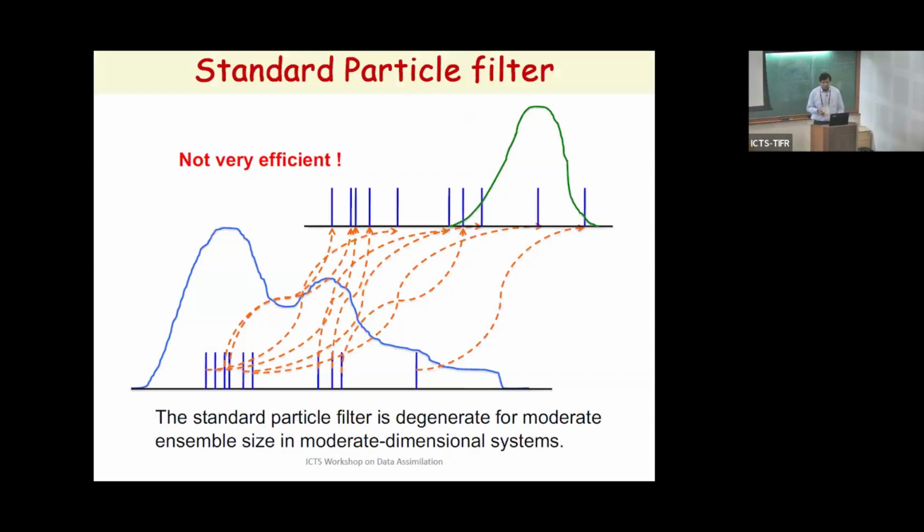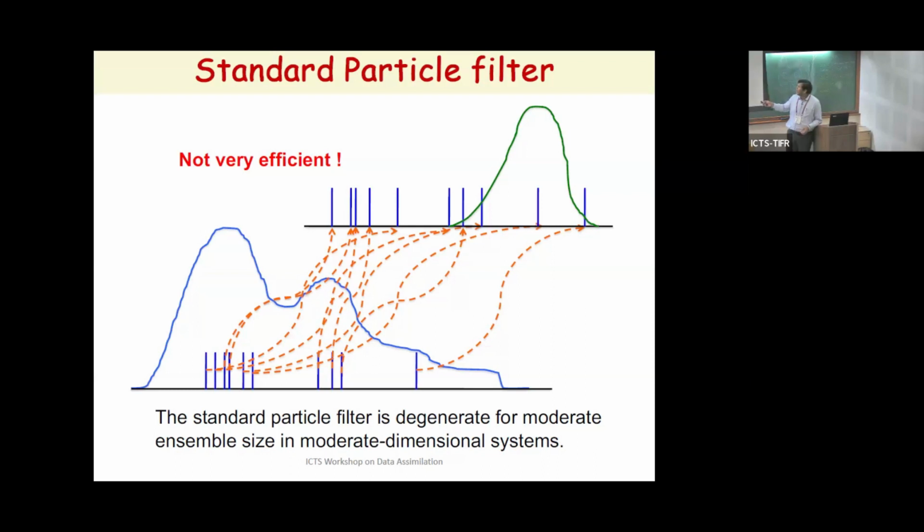Now, what is the problem with this? Suppose we start with sufficiently large ensemble members. What will happen? In this methodology, we will select only those ensembles, or in this theory we call them particles, which are closer to my likelihood.